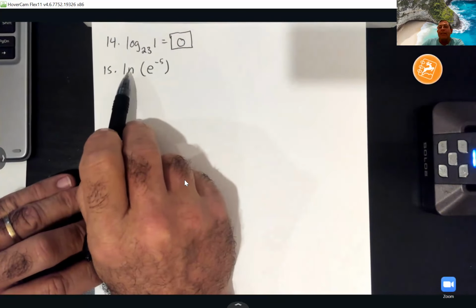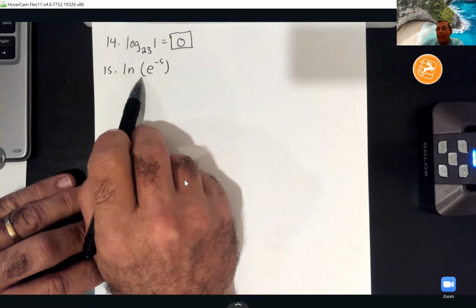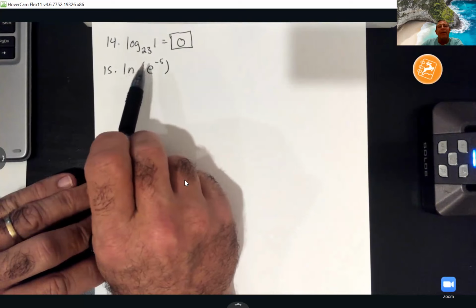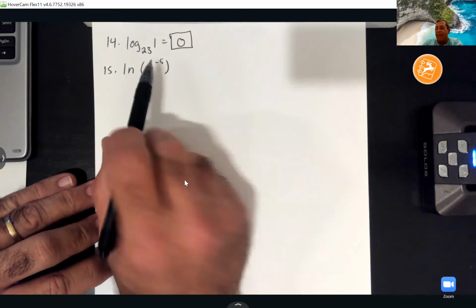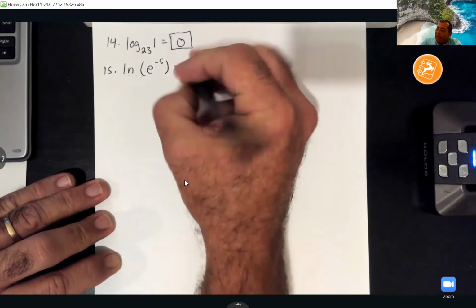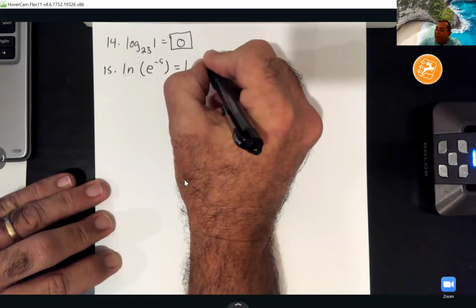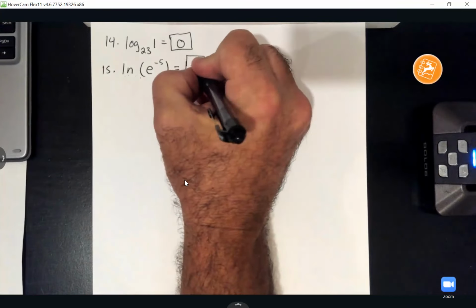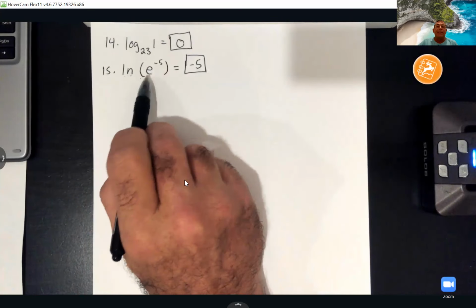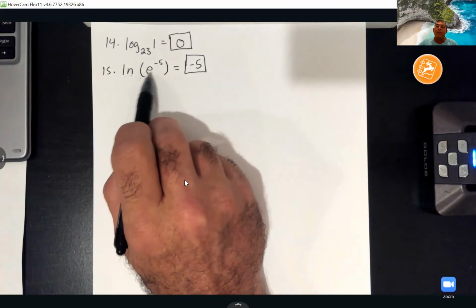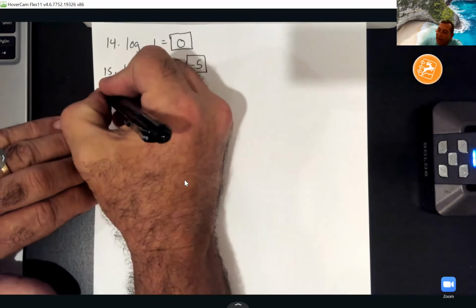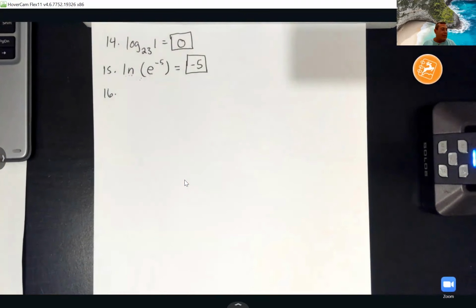Remember, ln is a log base e. So I have log base e of e to the -5th. What's that giving us? -5. Because remember, ln is base e, so that base matches that result. So it's always going to be the exponent. These aren't bad, especially with those calculators.